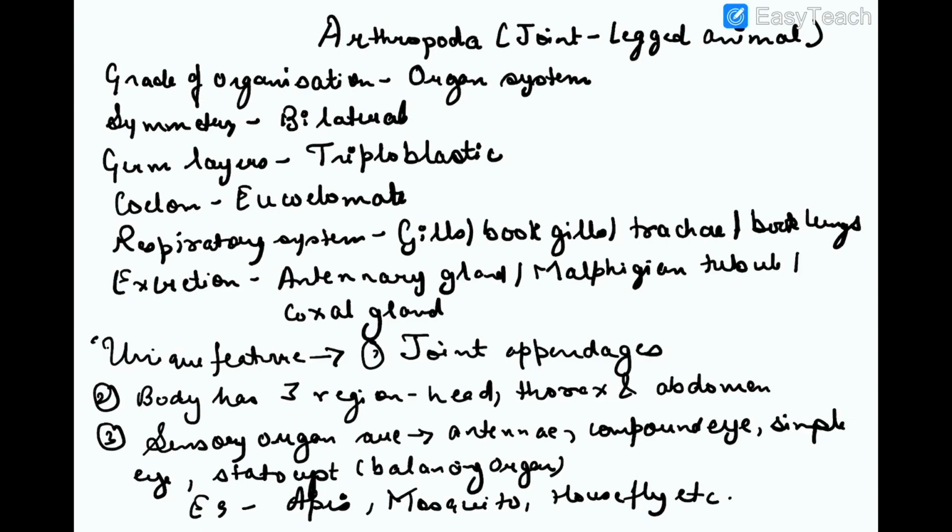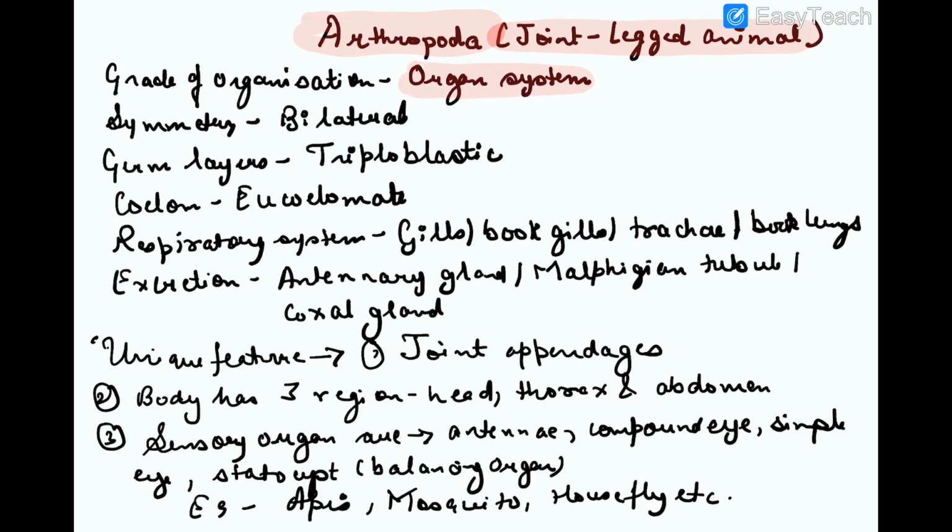Now let us talk about another phylum, that is Arthropoda. Arthropoda is the largest phylum and it includes all insects. It is also known as joint-legged animals because here the appendages or the legs are joined at one point or the other. Grade of organization: organ system level.